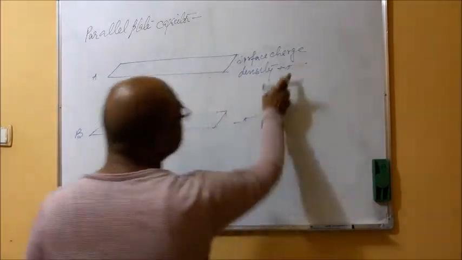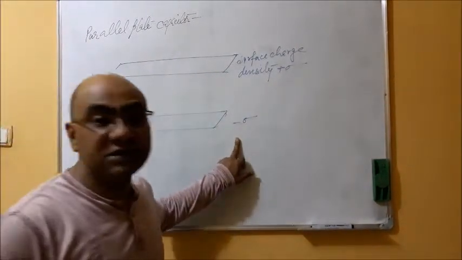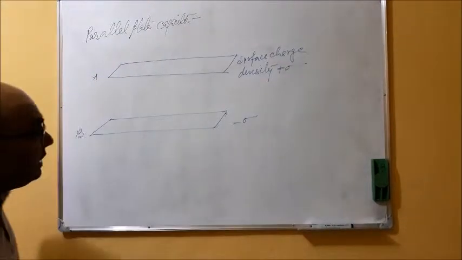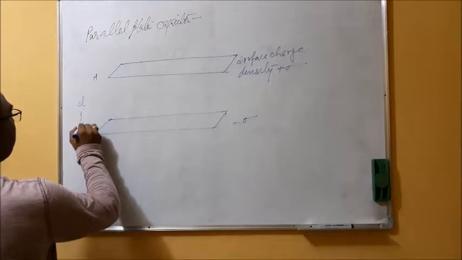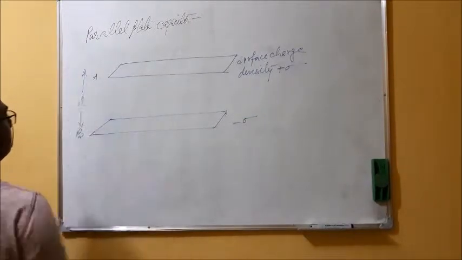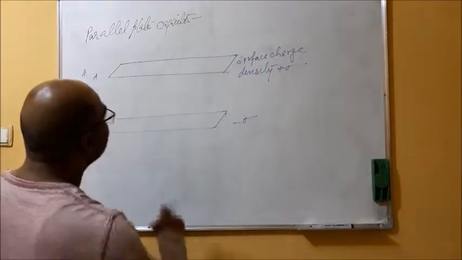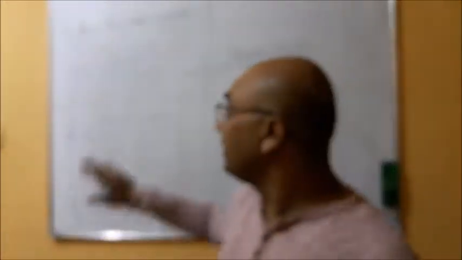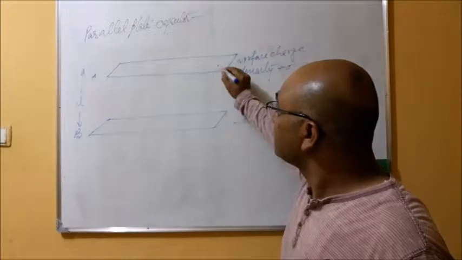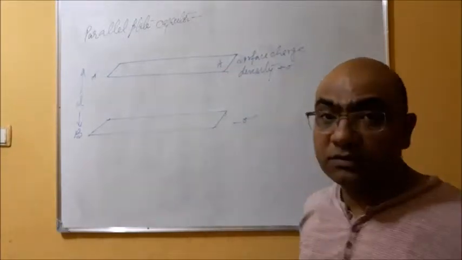If this is plus sigma, then the surface charge density for plate B is minus sigma, and both plates are separated by a distance of d, and the cross-sectional area for this plate is A, right?